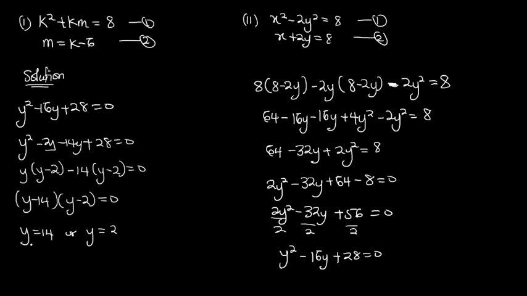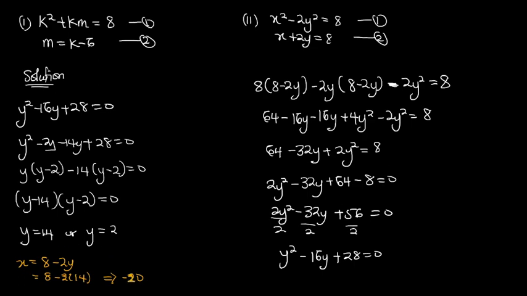Now remember that we did make x the subject, so let's find the corresponding x value. Alright, so when y is equal to 14, we said that x was equal to 8 minus 2y. So it means I'll have here 8 minus 2 into bracket 14, and this will give me 8 minus 28, that will give me negative 20.